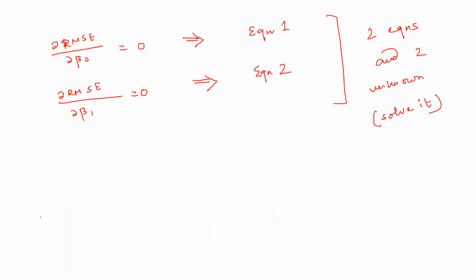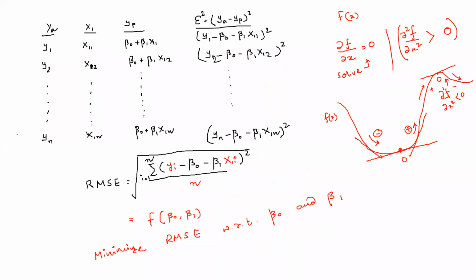Now let's say if I have more variables, instead of only x1, I also have, let's say, x2, and this becomes x21, x22, up to x2n. Then how does the whole story change?